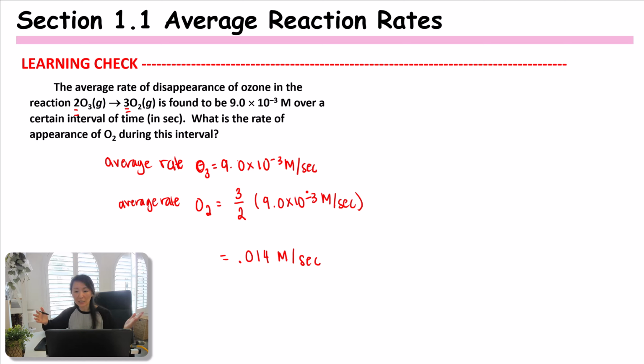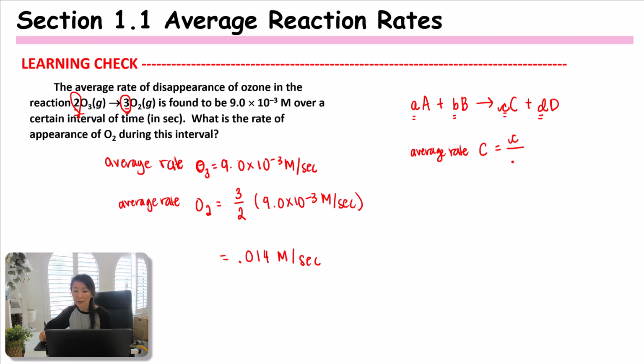If I were to give an overview, say you have big A plus little b, big B, forming into little c, big C, plus little d, big D. These little letters are my coefficients, just like the 3 and the 2, and the big letters A, B, C, D represent the chemicals themselves. Say I'm asking for the average rate of C. Then you would take the coefficient of what you're looking for, which is the little c, over the coefficient of the reactant that you already have a value for.